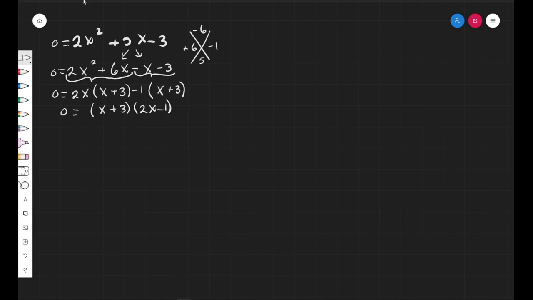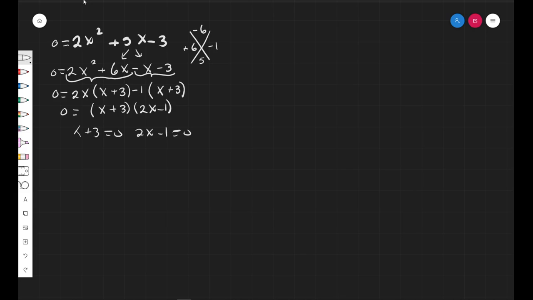So now at the end here, we have something times something else that equals 0. And we know that one of these two things has to end up equaling 0 itself. We're not sure which one, so we have to check both of them. So we set both of them equal to 0: x plus 3 equals 0, and 2x minus 1 equals 0.